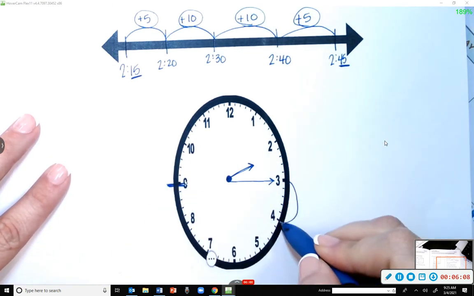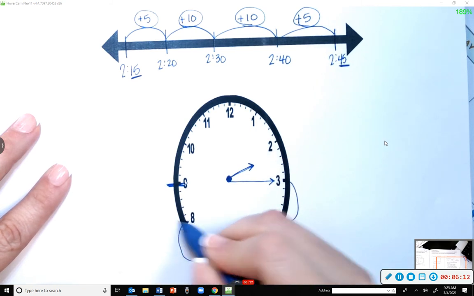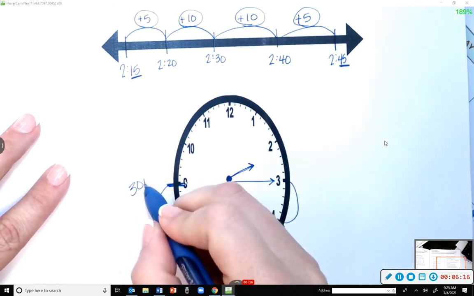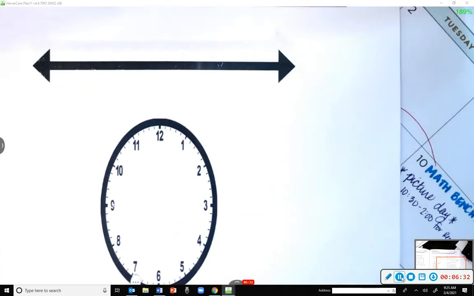So I would say 5, 10, 15, 20, 25, 30. Okay, 30 minutes. We got the same answer. Okay, any questions so far? No? Okay, we can flip to the next page.